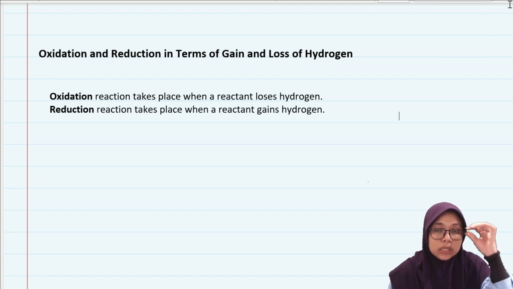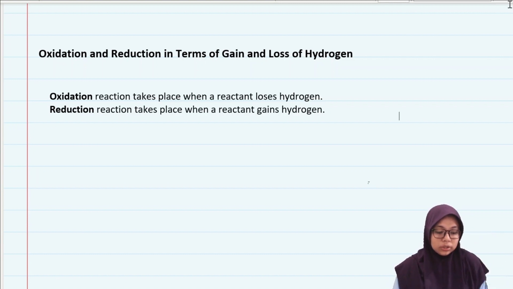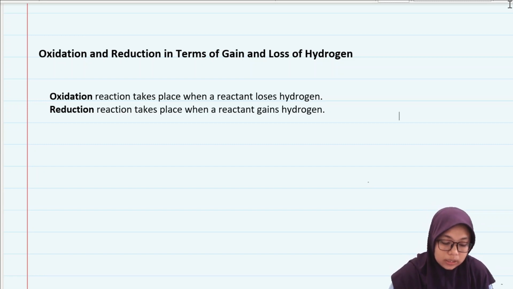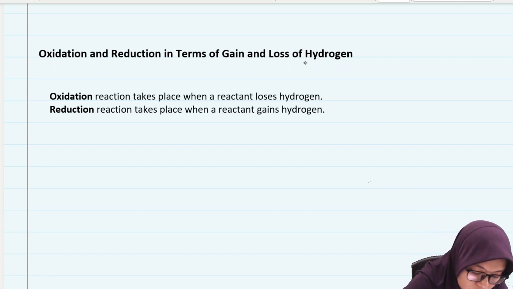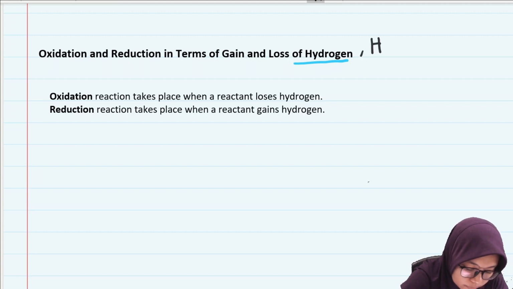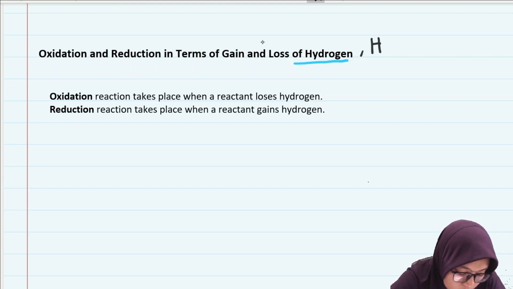Now let's see the definition of oxidation and reduction in terms of gain and loss of hydrogen. Hydrogen, H. An oxidation reaction takes place when a reactant loses hydrogen.